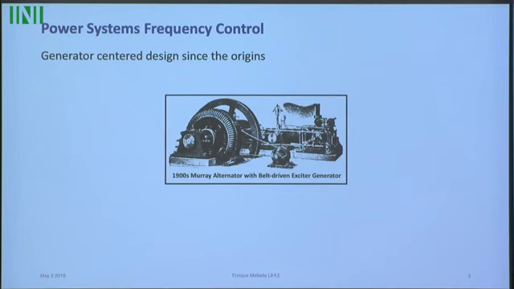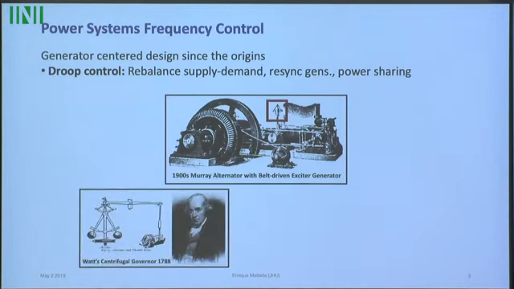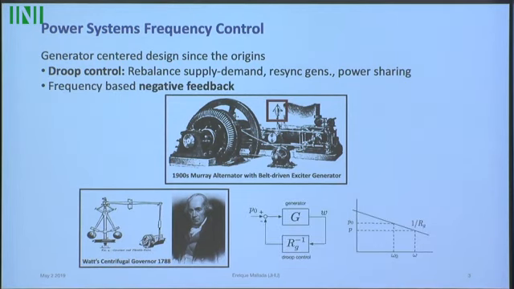And one of the core components of that is Droop control, which appears right at the beginning, in the 1900s, and we still use it today. It actually came from long before that, in the 1700s. It was already used in steam engines. So this idea of measuring the speed and actuating according to that is, from the control point of view, what we call negative feedback.